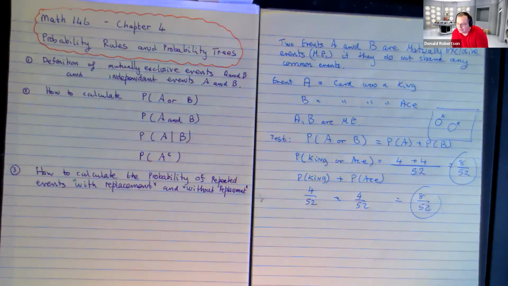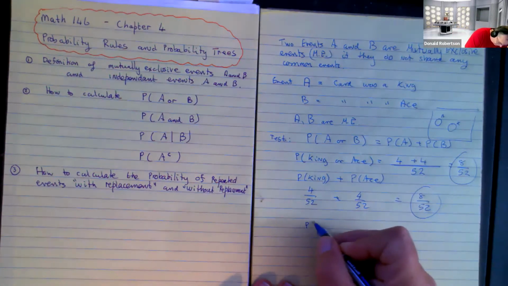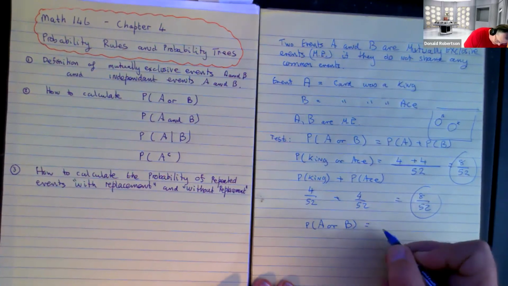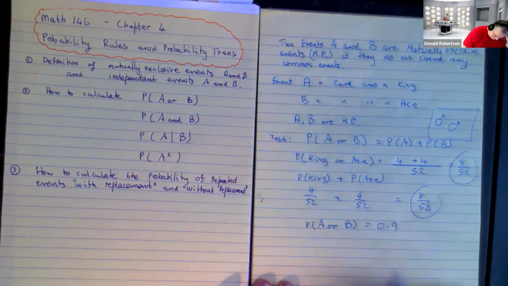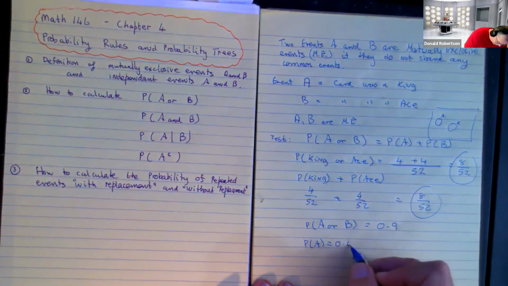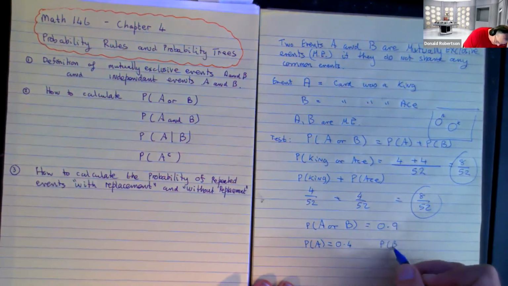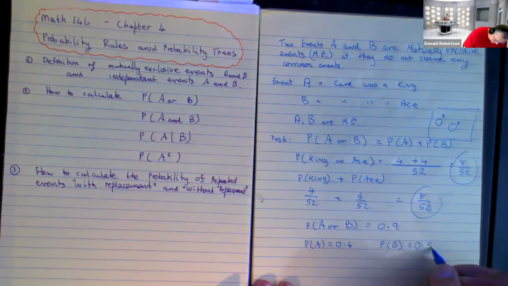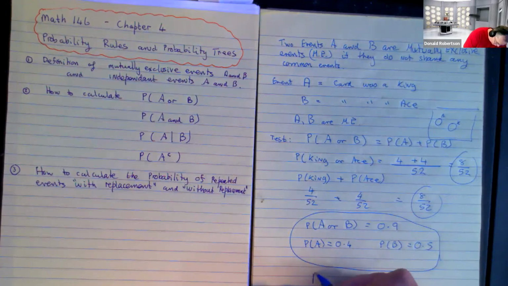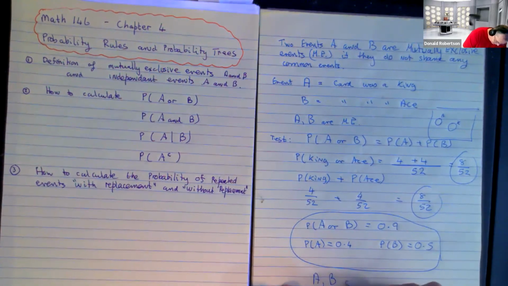I think it's pretty obvious that kings and aces are mutually exclusive, but can you imagine situations where we tell you this? If I tell you that the probability of event A or B is 0.9, and I tell you that the probability of A is 0.4, and the probability of B is 0.5, right? So if I tell you all of those things, the conclusion that we can come to is that A and B are mutually exclusive.